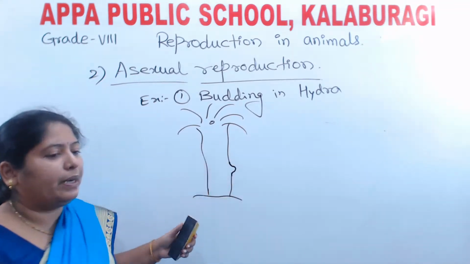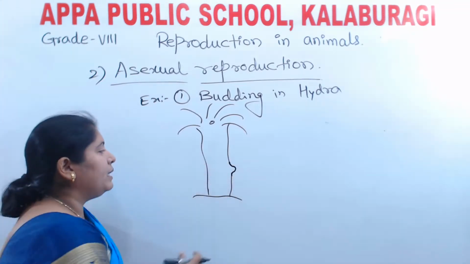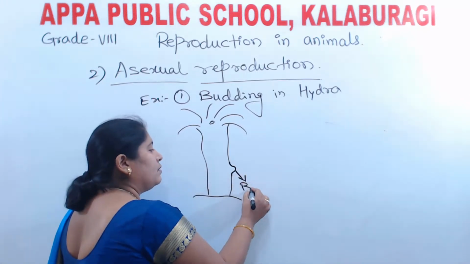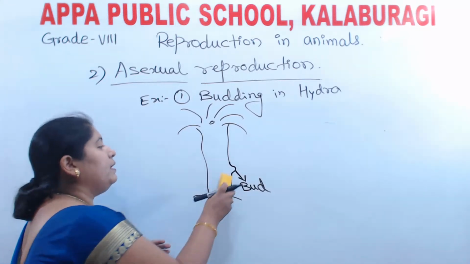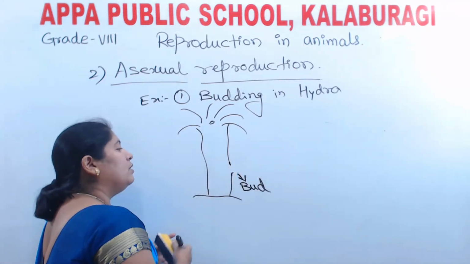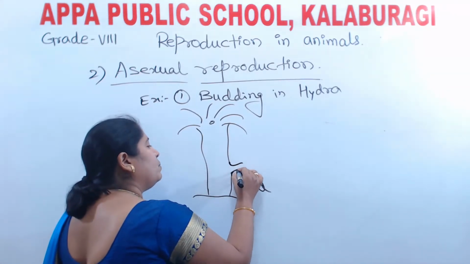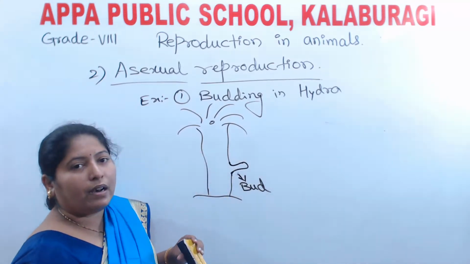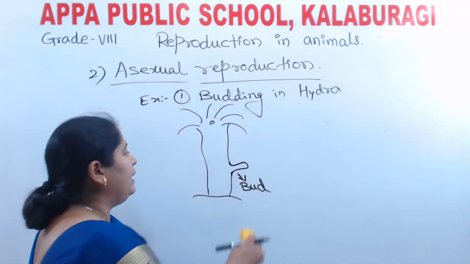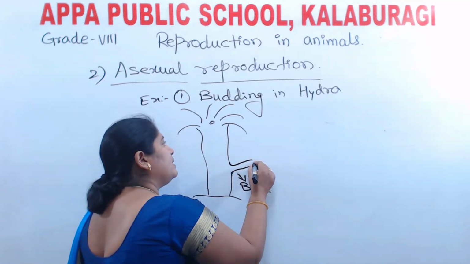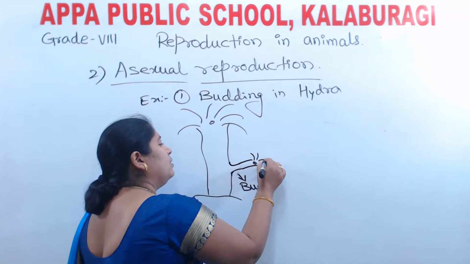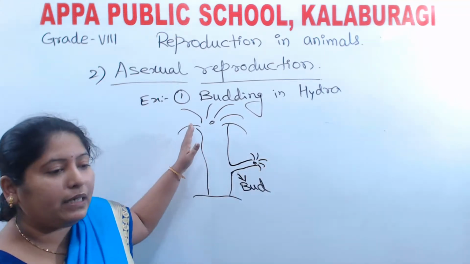See, you can notice over here. Slowly a small bud develops. Right? And this bud undergoes a growth stage and becomes bigger. Right? And still bigger it will become, and it now resembles the parent.